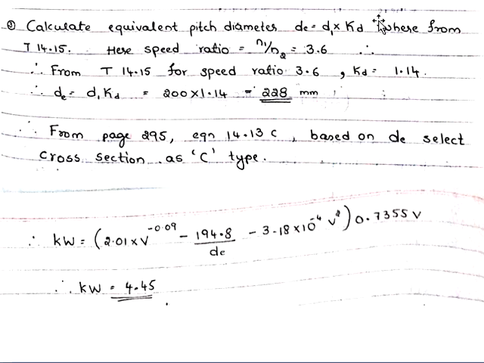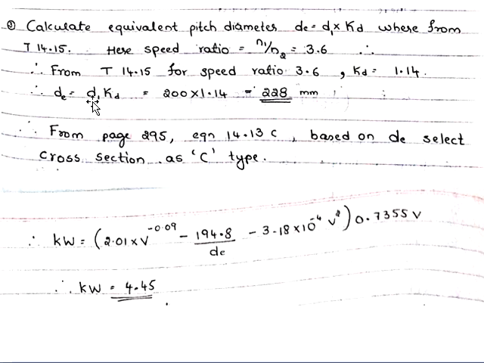I told you the KD value is from table number 14.15, depending on speed ratio or velocity ratio. In this problem, the speed ratio is 3.6. Therefore, from table 14.15 for a speed ratio of 3.6, you will get KD as 1.14. After getting KD, substitute this value in the DE equation, and you will get DE as 228 mm.